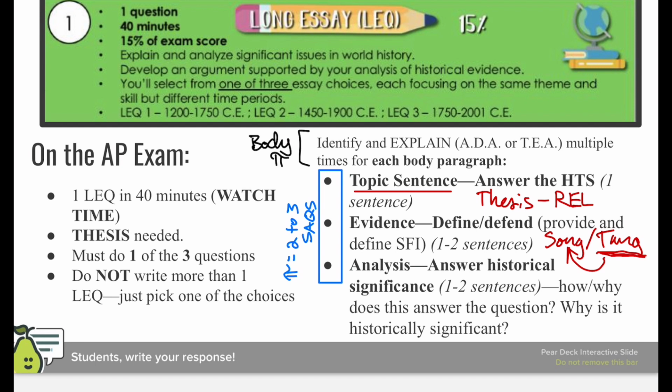Your body paragraph is basically going to be 2 to 3 of these SAQs with your topic sentence, your evidence sentence, and your analysis sentence.